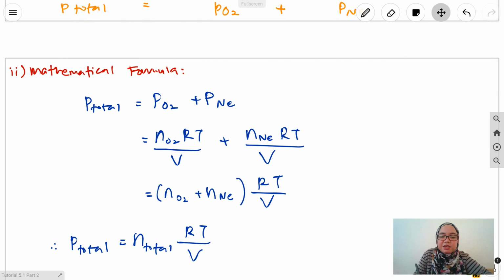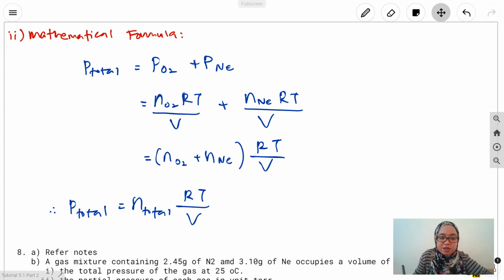So we know that it will be the number of moles of oxygen RT over V plus the number of moles of neon gas RT over V. You can factor this out, you can get number of moles of oxygen plus number of moles of Ne times RT over V. So that means the P total, the pressure total, is equal to N total, the total number of moles, times RT over V. Okay, this is by the mathematical formula.